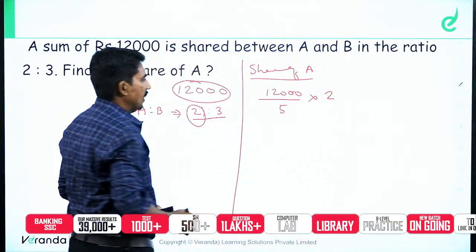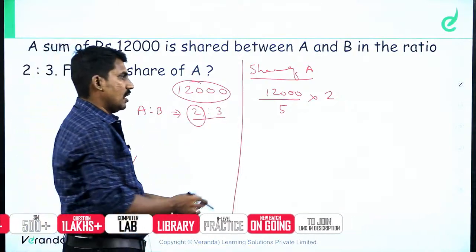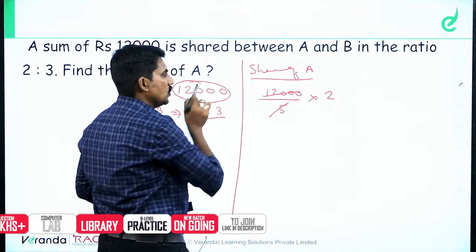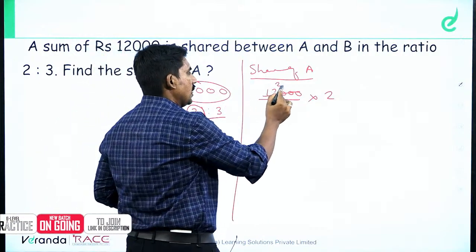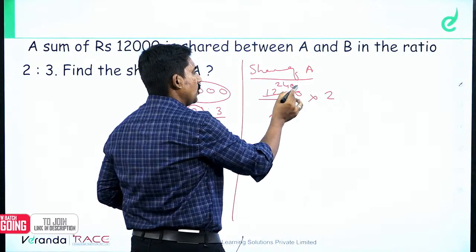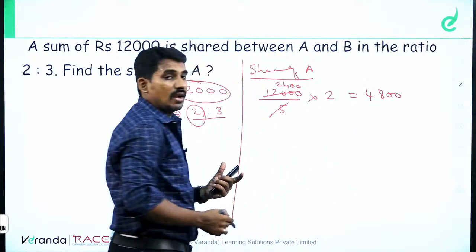So 12,000 by 5, into 2, we will get the share of A. 12,000 and this we can cancel. So 2,400 into 2, 4,800. Share of A.